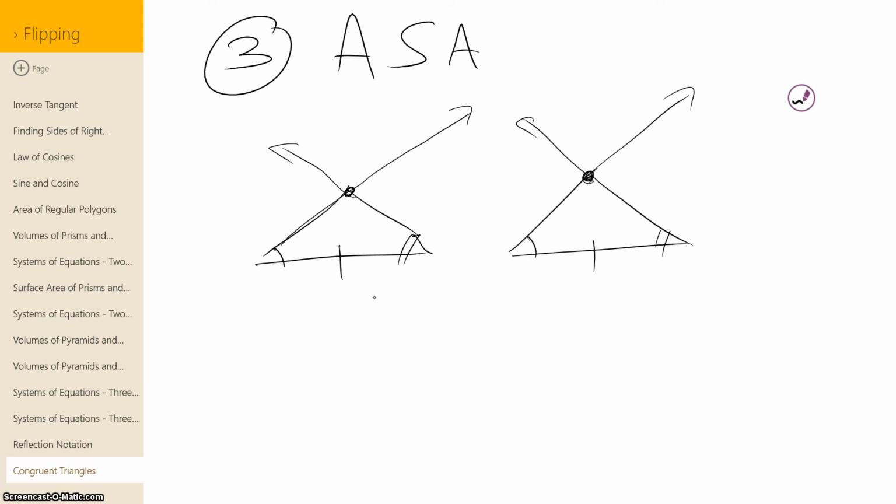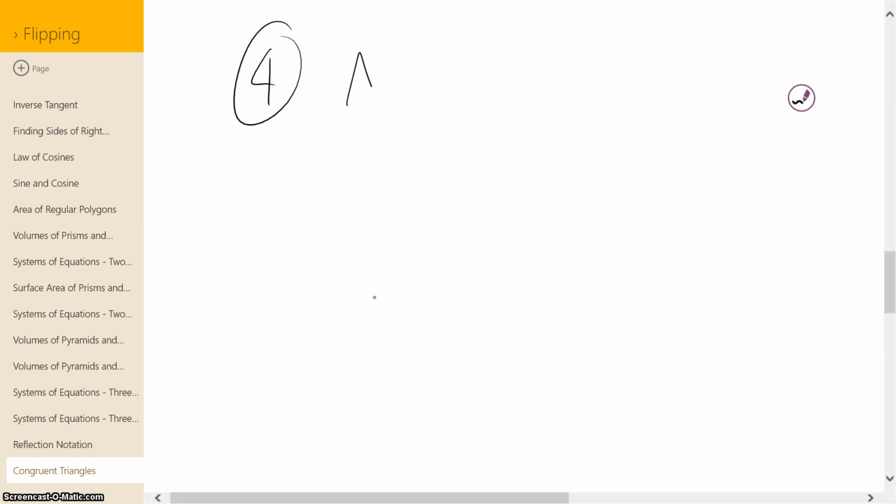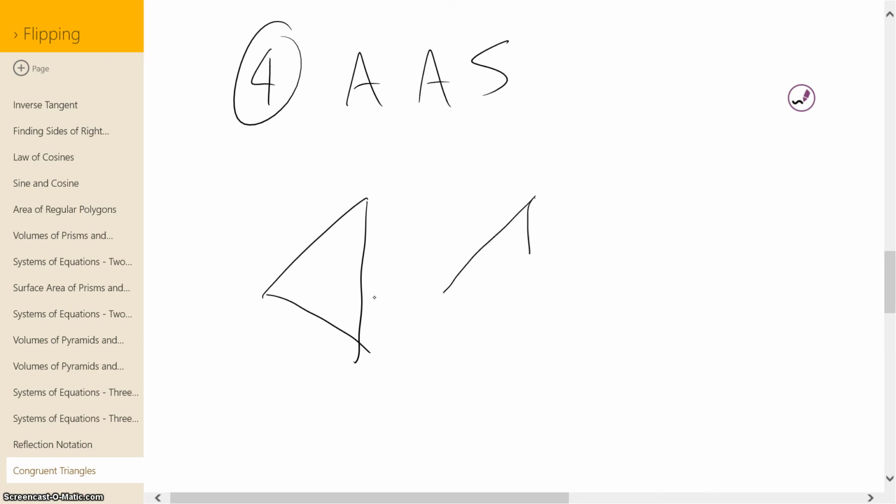And the last one we're going to look at here that will work is angle angle side. So if you've got a triangle like this, sometimes my triangles look a little bit like the number 4.